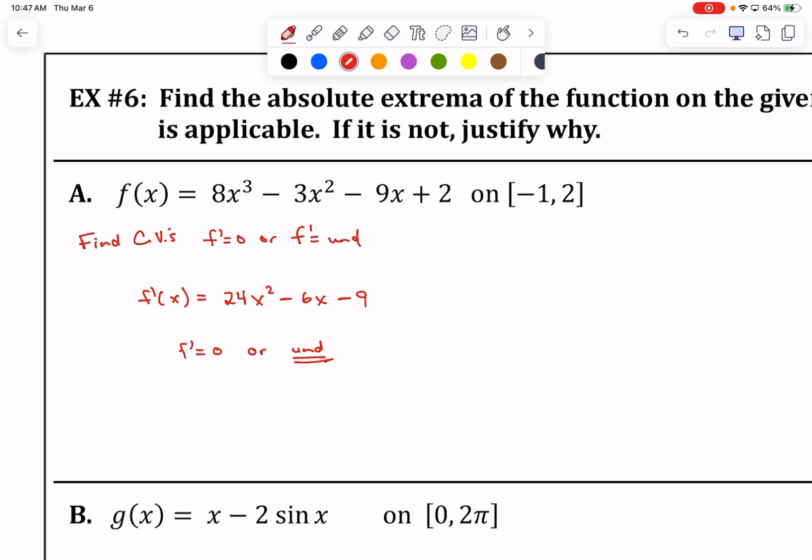No. So then you're just going to set it equal to 0, and you're going to have to factor it. I would like you to finish this one, factor it, set it equal to 0, and finish finding it. And then what I'd like you to do, and this is all you're going to do tonight, is take those answers plus the endpoints and plug them into the original function. The largest will be the what? Max, and the smallest, not relative, the largest will be the absolute, the smallest will be the absolute min.